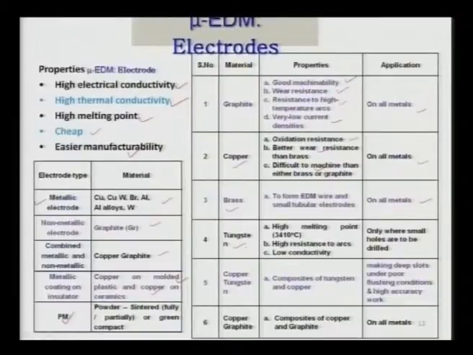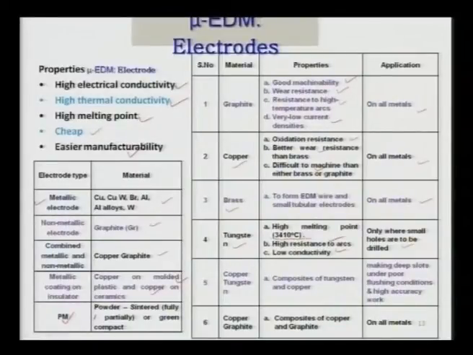Then there is tungsten. It has a very high melting point, 3410 degrees centigrade. It has high resistance to arcs and low conductivity, and it is used where small holes are to be drilled, because it is much stronger than copper and brass, so that it can resist even mechanical forces, and definitely it can resist high thermal load, because its melting point is 3400 degrees centigrade.